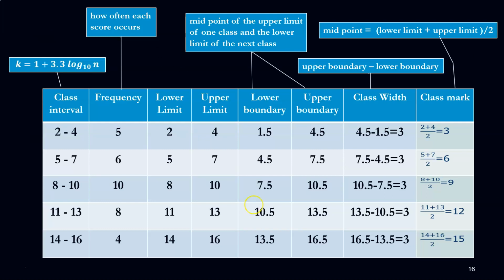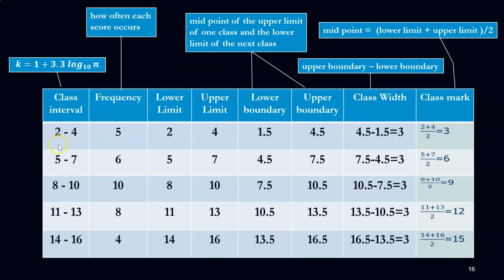Okay, let's see. This is what we call as frequency distribution table. Inilah dia. So what is class interval? Selang kelas tadi tu, this is selang kelas 2 to 4, 5 to 7, 8 to 10, 11 to 13, 14 to 16. This is actually the class interval. So how do I know my class interval consists of 1, 2, 3, 4, 5?